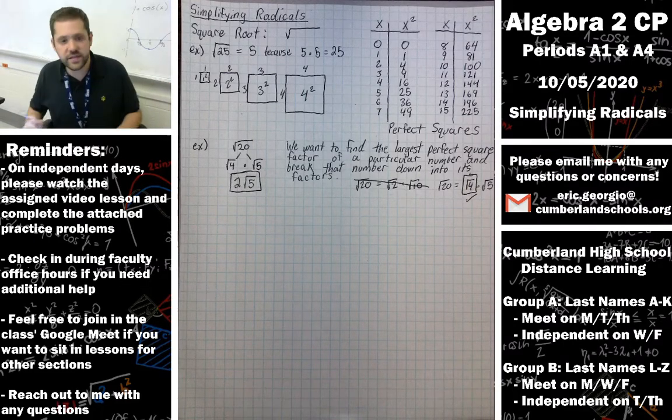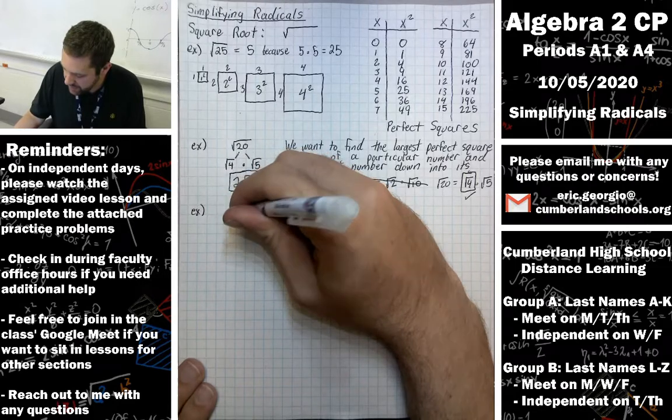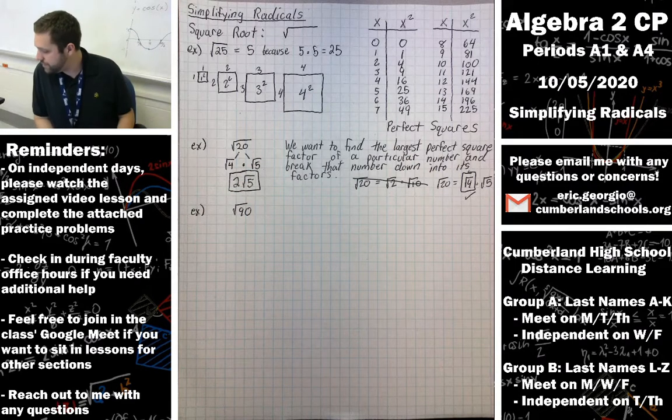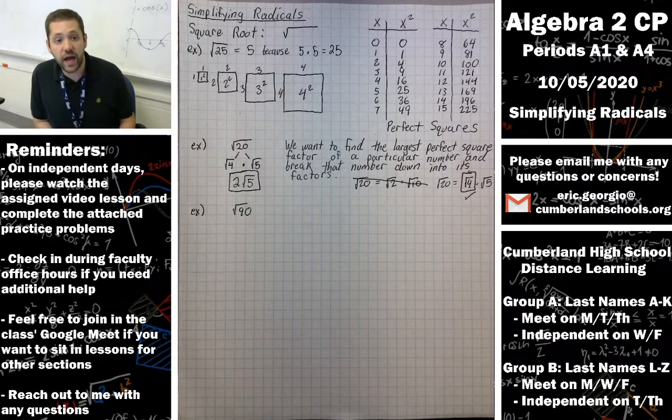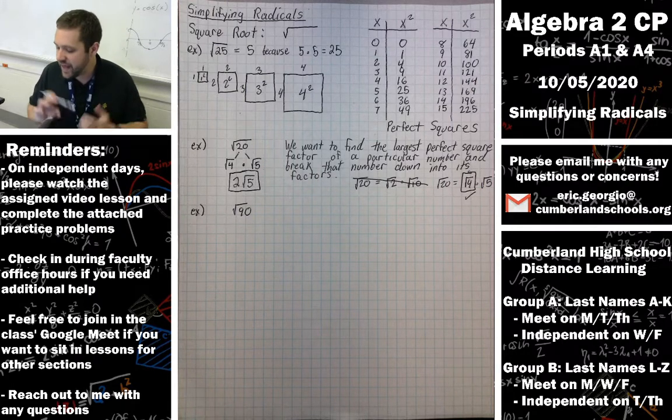All right, let's take a look at another one. Ready? How about the square root of 90? Well, it is true that I could write this as the square root of 30 times the square root of 3. But 30 and 3 are not perfect squares. Even though 30 times 3 is 90, and that is a true statement, it doesn't help us.